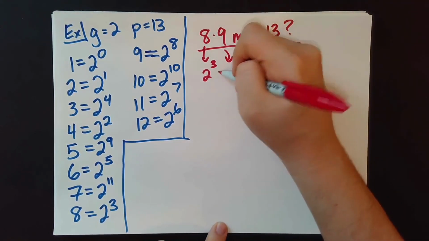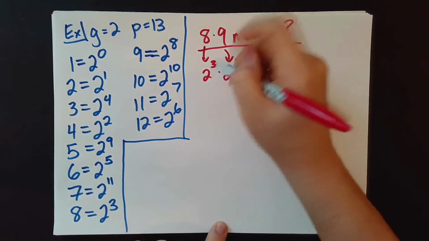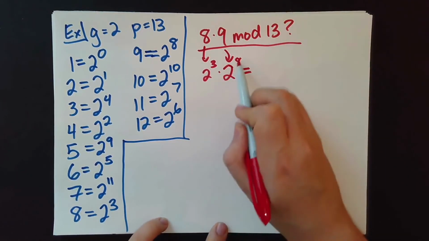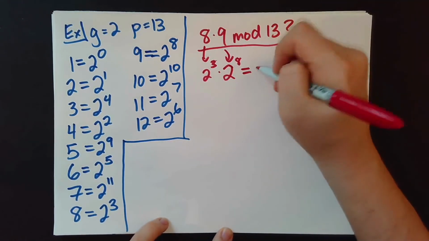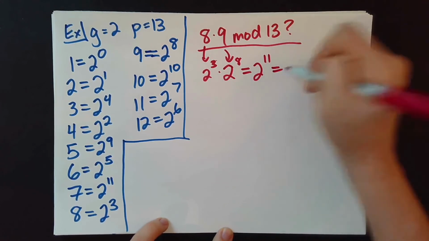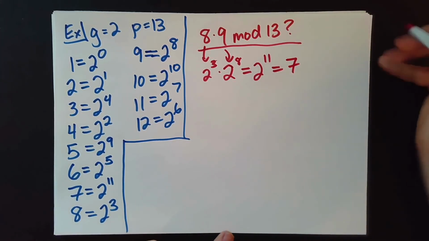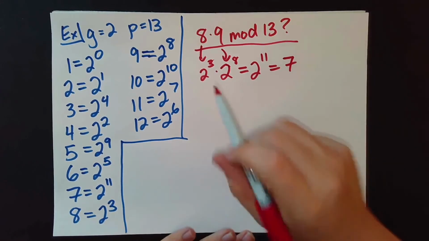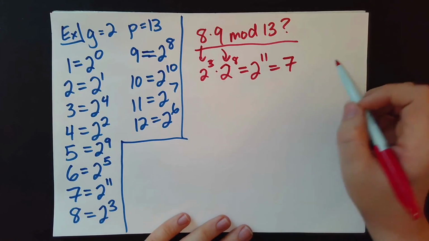I see that 9 is 2 to the 8th. And so now this is 2 cubed times 2 to the 8th. I have transformed this multiplication problem to an addition problem. So this is 2 to the 11th. And then I look back up, 2 to the 11th, that is 7. And so what I've done here is I've transformed a multiplication problem into an addition problem.